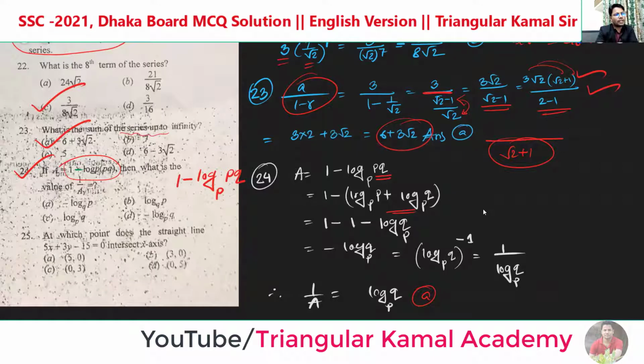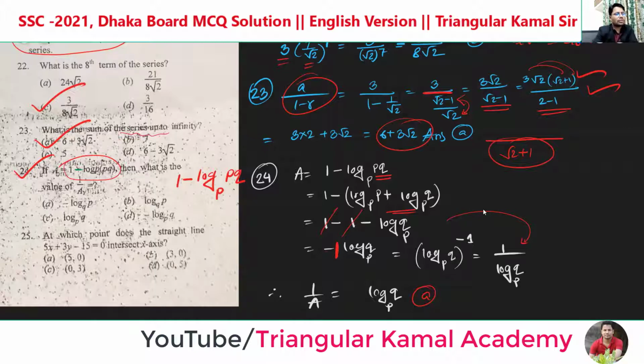There will be 1 plus minus minus. So 1, 1, eliminating this one. Considering this is the minus 1 and shifted as a power, and the power shifted here. This is power 1, using the index formula 1 by this, 1 by log of Q base P.